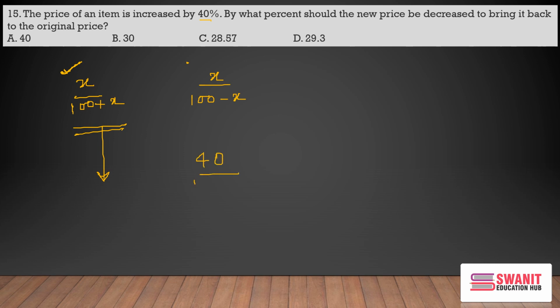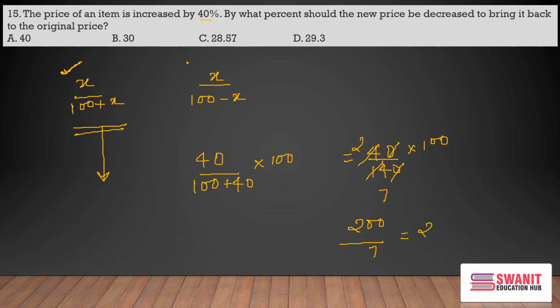So when we say 40 upon 100 plus 40 multiplied by 100, if I have to calculate the percentage, this gives me 40 divided by 140 multiplied by 100. Upon cancellation, 0 and 0 go off. This gives me 2, this gives me 7. So it becomes 200 divided by 7, which upon simplification, 7 2s are 14, 60, 7 8s are 56, point, and this is sufficient for me to get the answer, option number C.